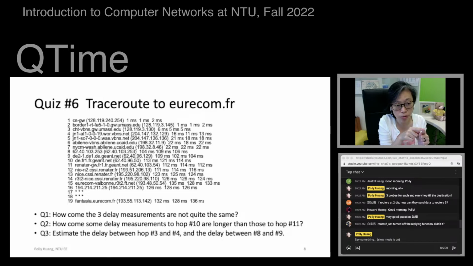That's called a round trip delay. And what I'm asking here is the delay from hop 3 to hop 4. That's one-way delay. Can you estimate the one-way delay between hop 3 and hop 4? And can you estimate the delay from hop 8 to hop 9, just between those 2 hops? Give me your estimated delay and tell also how you came to the estimate.